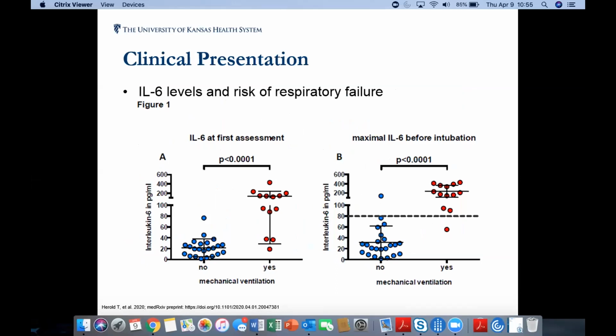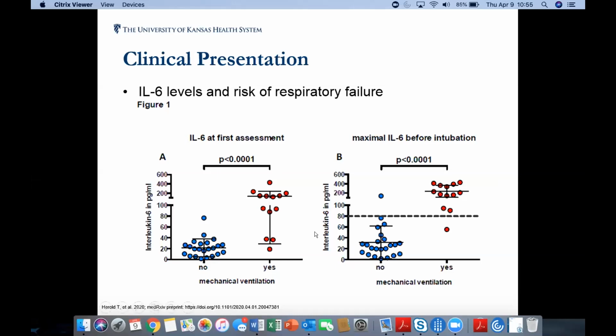This is a study that was actually just published a couple of days ago, and this was done in Munich, Germany. It was trying to predict whether or not a patient was going to progress to respiratory failure and need intubation and mechanical ventilation. They looked at a number of different lab values, LDH, D-dimer, CRP, but they found that the best predictor for the progression to respiratory failure was the interleukin-6 value.